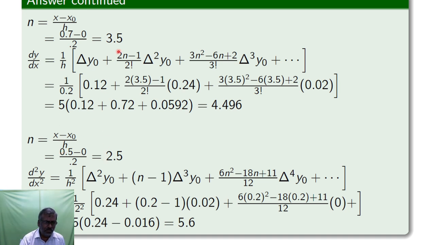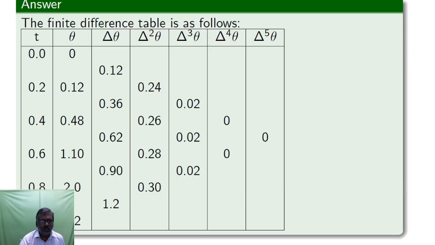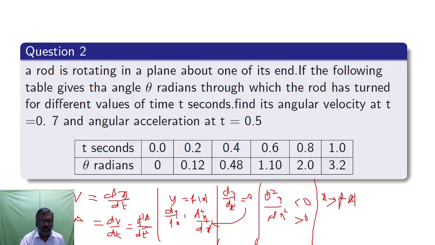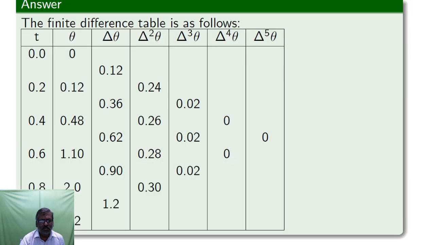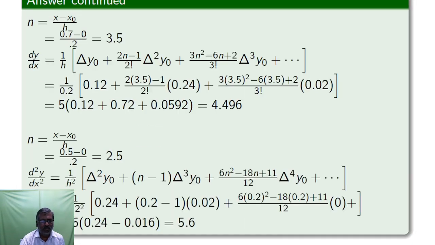With the help of that n, you have to find dy by dx as velocity and d squared y by dx squared as acceleration. Compared to your first model, this may be easier. There, after a long process, you get the answer, but here, by simple application, we can find the velocity and acceleration at the given values.